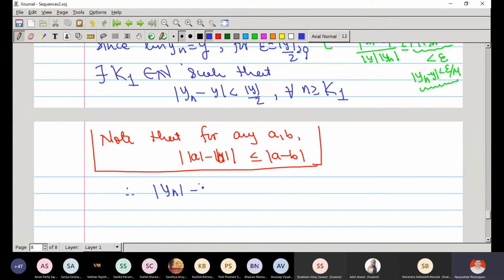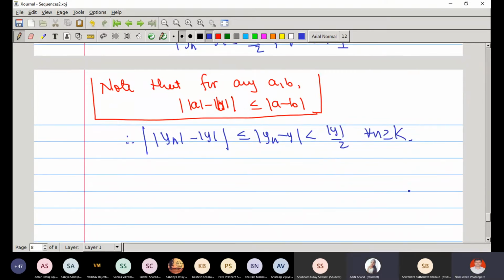Therefore, okay, is it clear? What I have written is clear, correct? Yes, sir. K1.